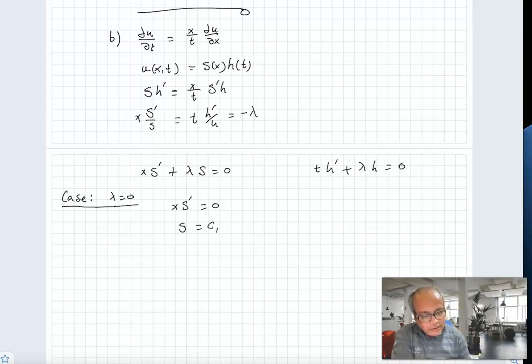For the t equation, you get t times h prime equals 0, or h equals c2. So u equals c1 times c2, s times h, which is a new constant, maybe c3. So if lambda is 0, then the solution is just a constant.